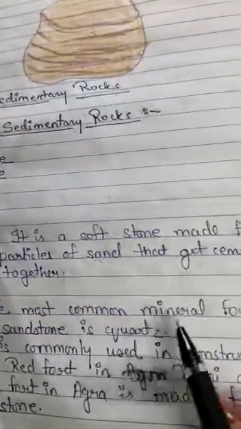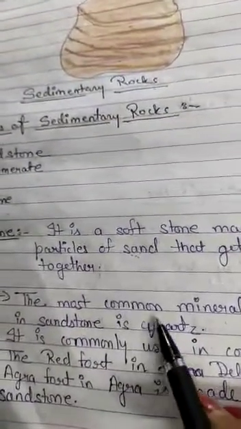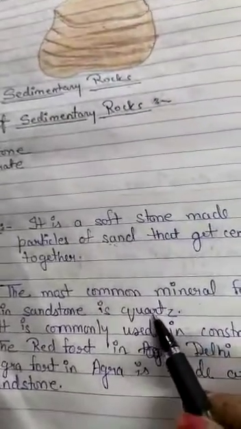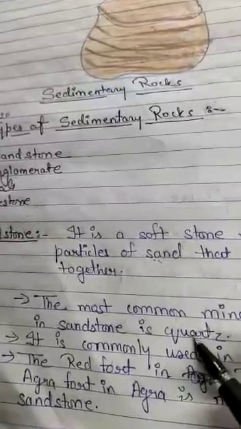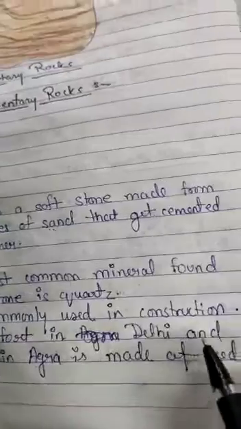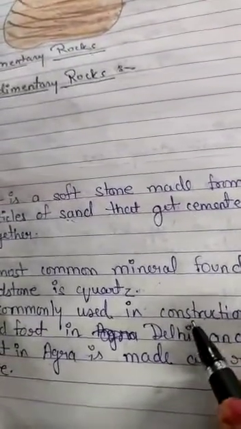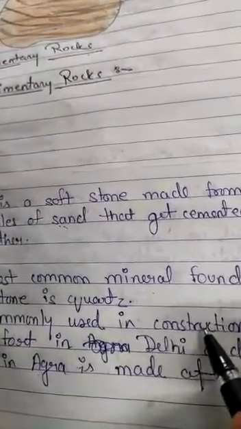The most common mineral found in sandstone is quartz. You all know that rocks are made up of minerals, so quartz is found in sandstone. It is commonly used in construction, not only nowadays but from earlier years also.